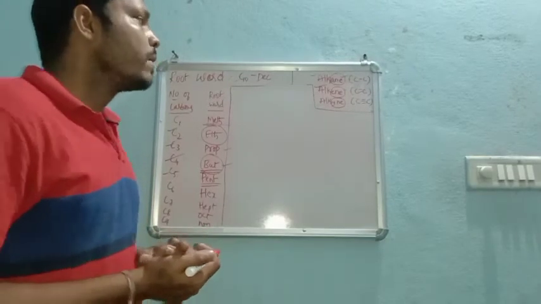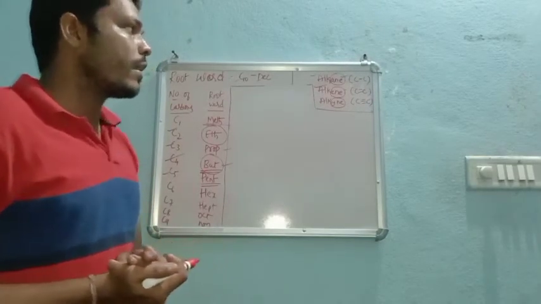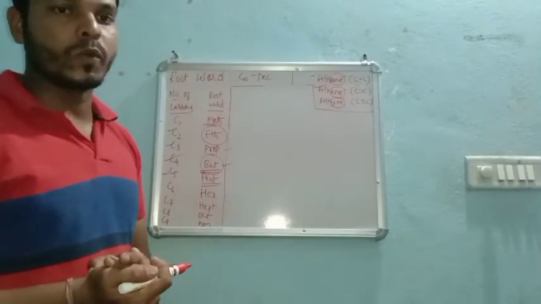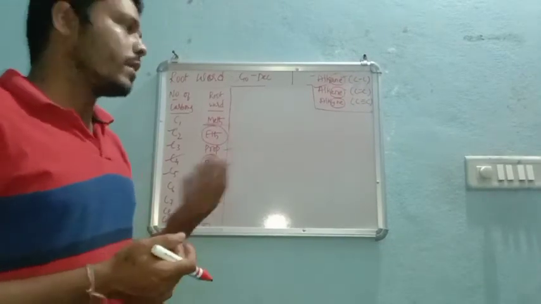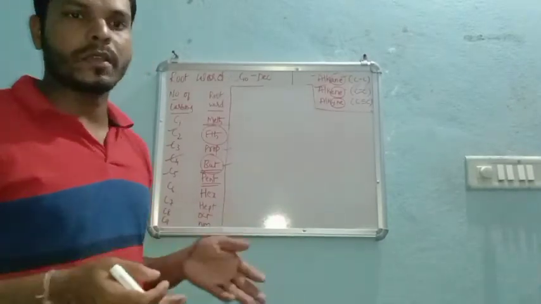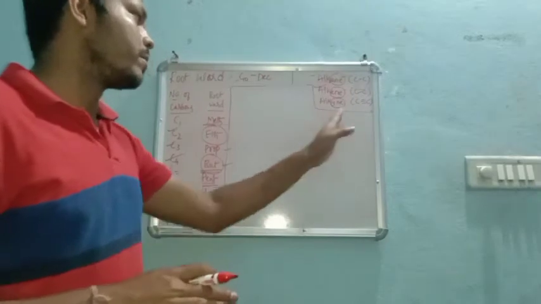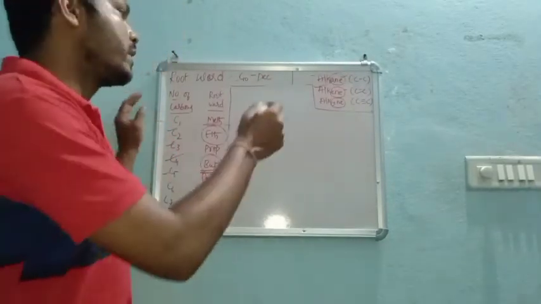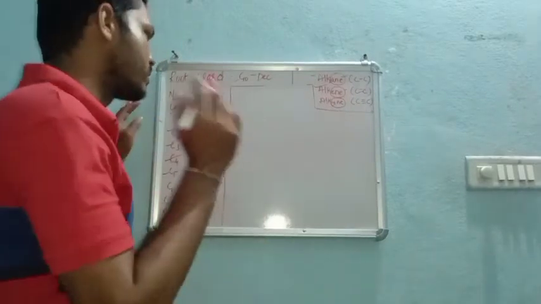That's why, as compared to alkane and alkene, these compounds are very reactive towards other chemicals, whether it may be an acid, a base, or a salt, whatever it may be, they easily react. Now we will see such compounds, right?